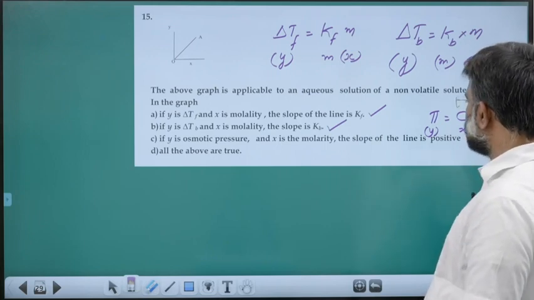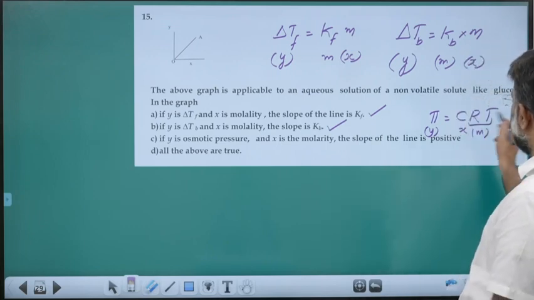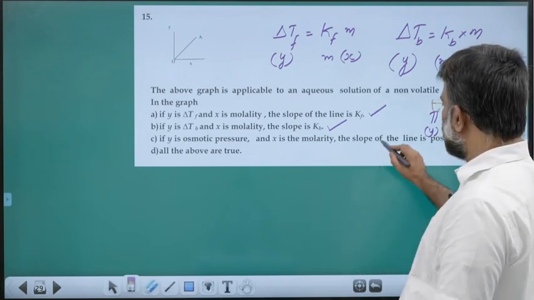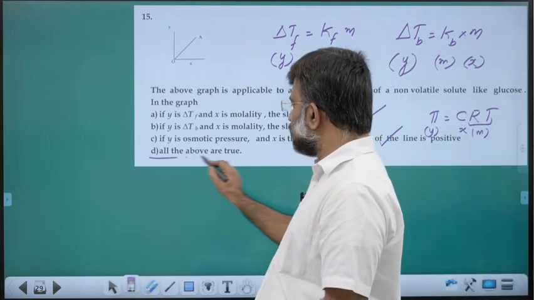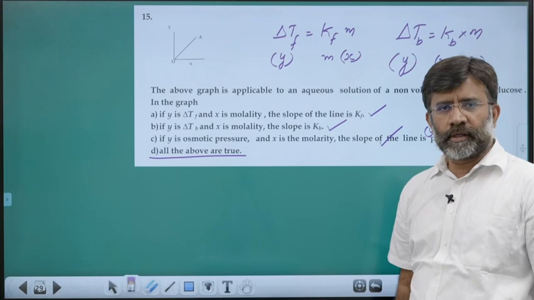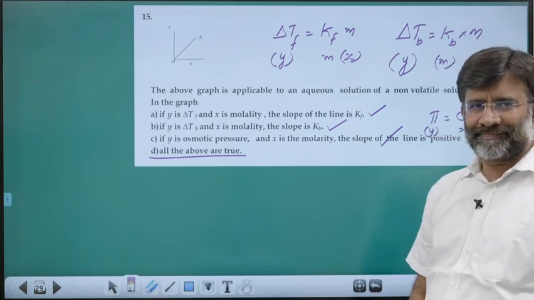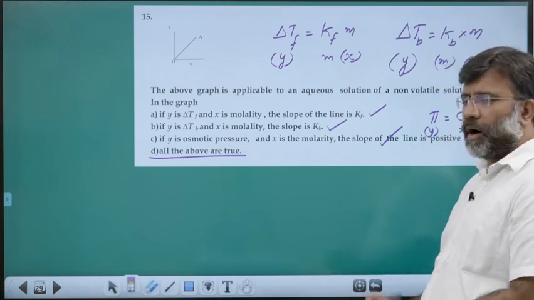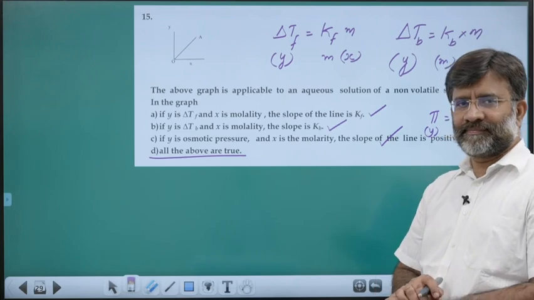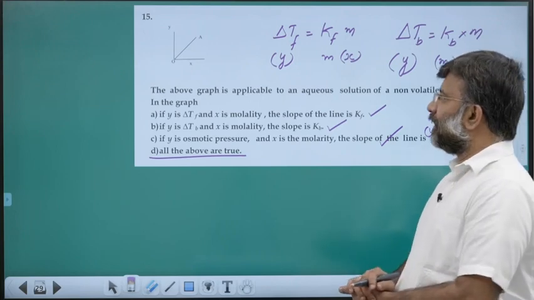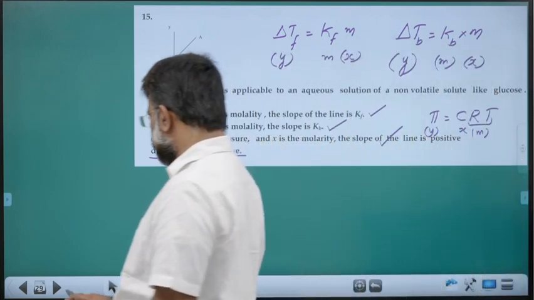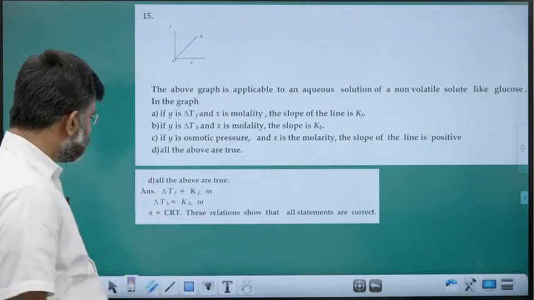Yes, that is positive. And the slope will be RT. So all the statements are true. Okay, answer is option D. Right? Next question.